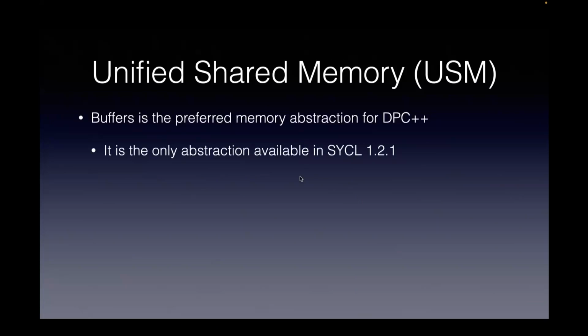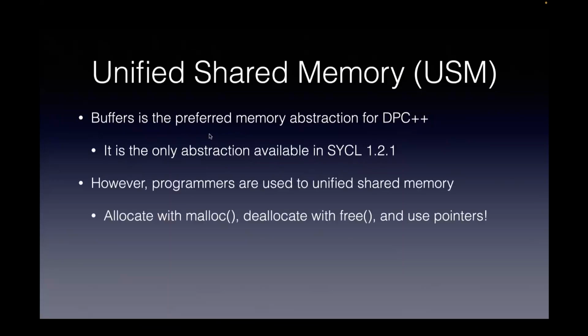In fact, it is the only abstraction available from SYCL 1.2.1 because they wanted the programmer to not worry about whether the data is allocated on the CPU or on the accelerator, or how to move data between CPU and accelerator. So if you want to use SYCL 1.2.1, buffers and accessors were the only method of accessing memory.